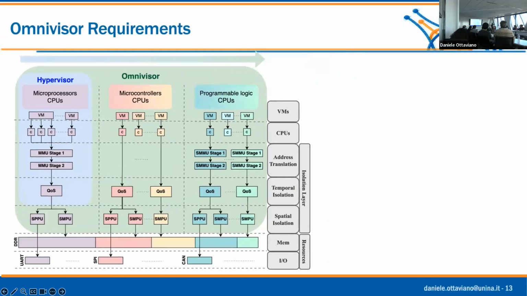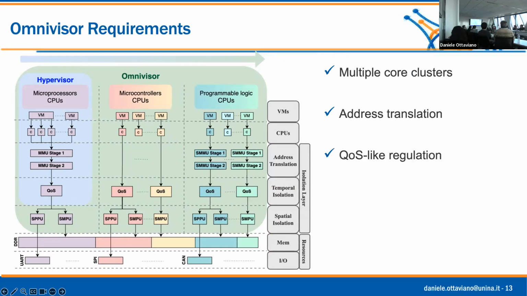Okay. Of course, to run this kind of software, so to run an Omnivisor, you need a board that respects some requirements. First of all, it has to be a multiple core cluster. That is true for several multiprocessor systems on chip. It has to have address translation, at least for microprocessor CPUs. Otherwise, it is impossible to run a hypervisor in it.